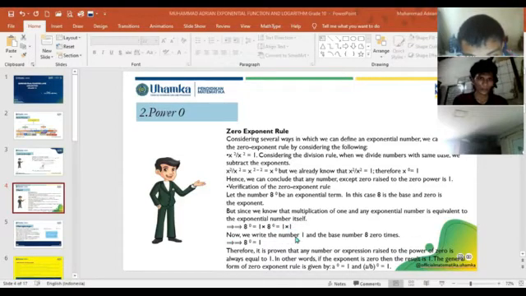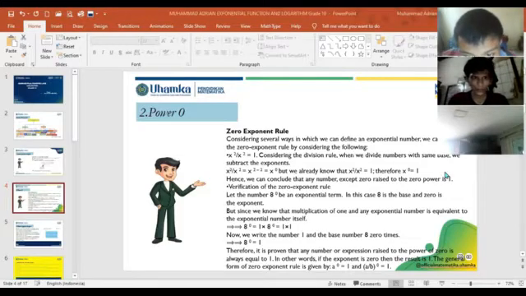Now we write the number 1 and the base number 8, 0 times. 8 power 0 equals 1. Therefore, it is proven that any number or expression raised to the power of 0 is always equal to 1.